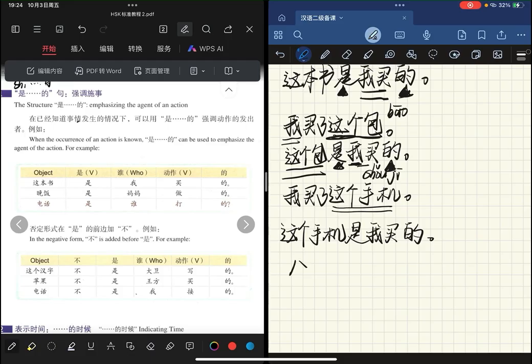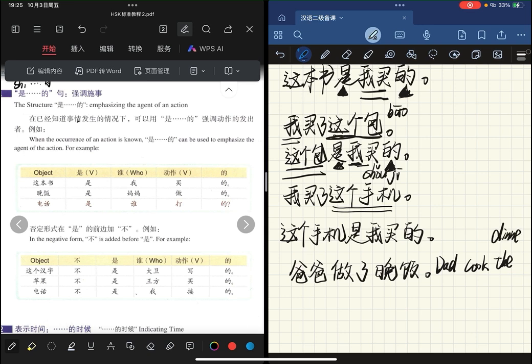爸爸做了晚饭. So the father, the dad, cooked dinner.